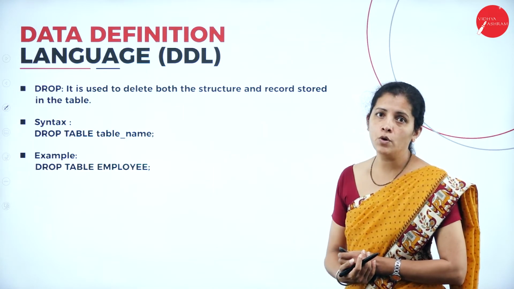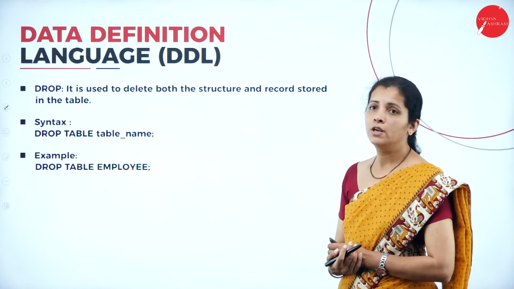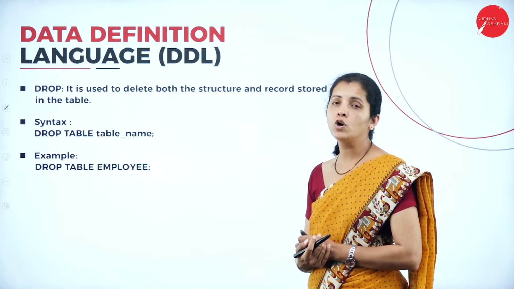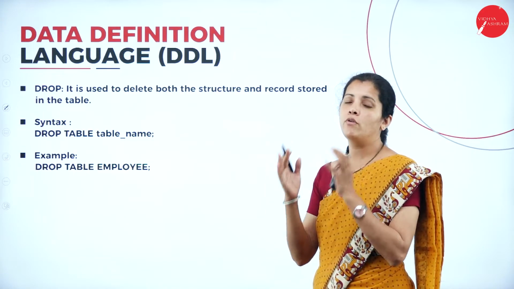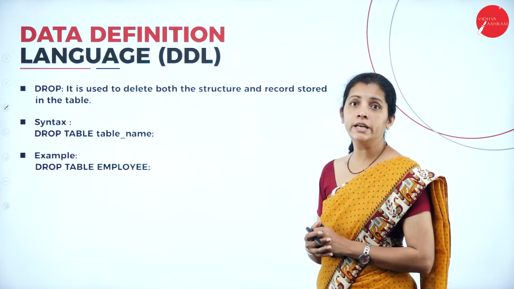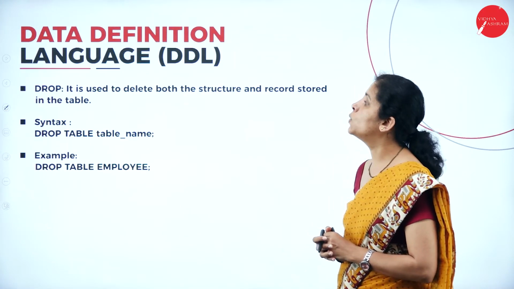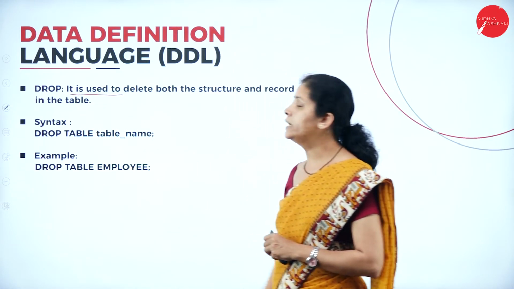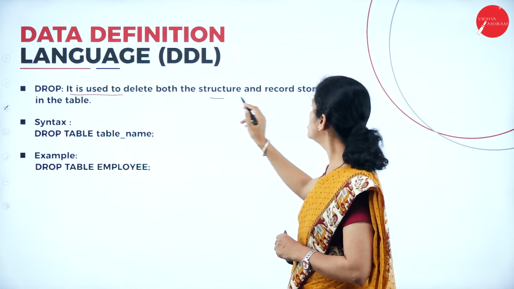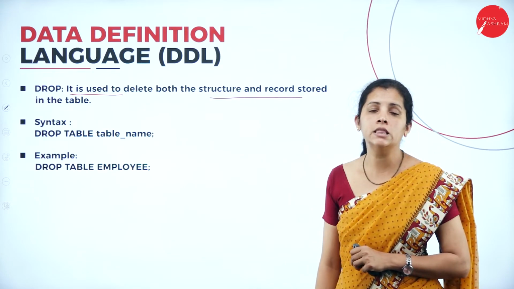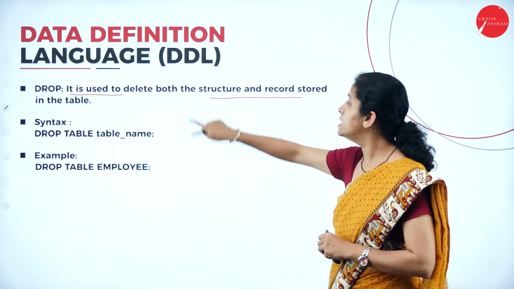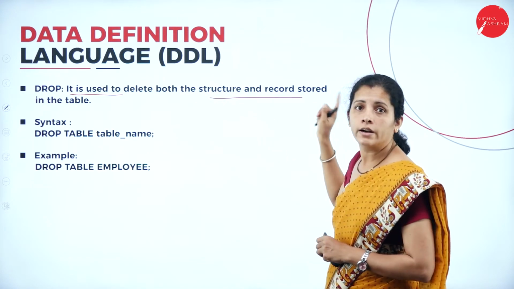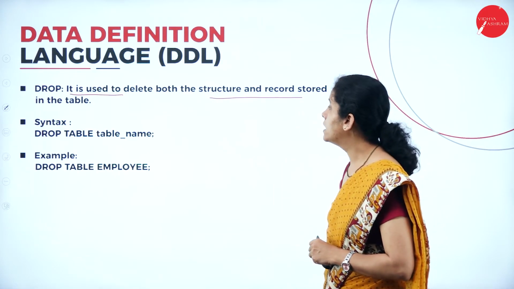Moving further, I'm going to have the drop command. So why do I require the drop command? Suppose I want to delete the table or delete the structure of the database, at that time I can go with the drop command. It is used to delete both the structure and the records stored in the table.